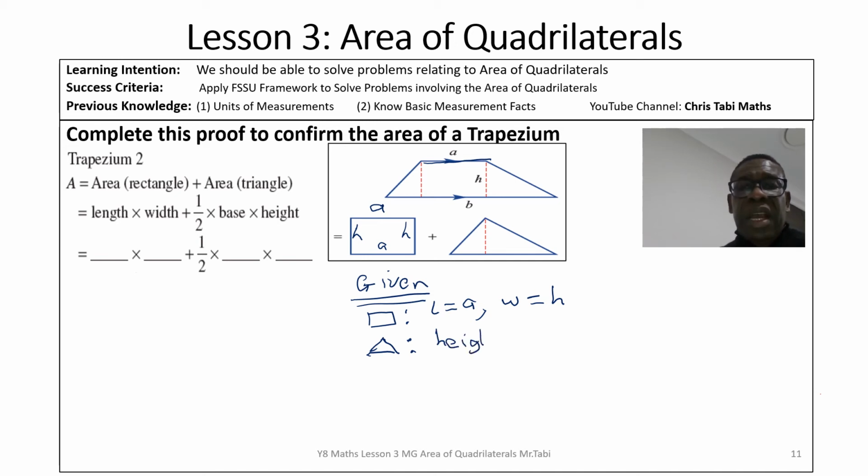The height equals h, because that dotted line, that's h. Now, what is the base of our triangle? That's this part here. As you know, the whole length here was b, but we've taken away the a from it. So up to this point here and up to that point there, that will be b minus a. That is the base, b minus a.